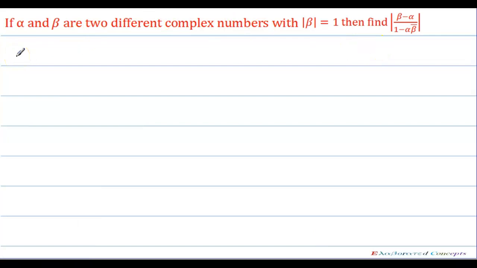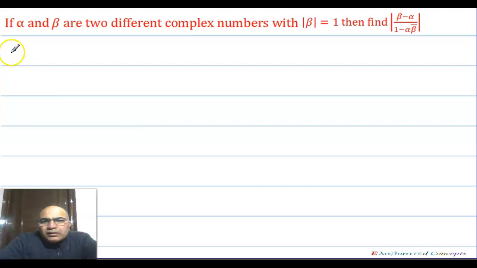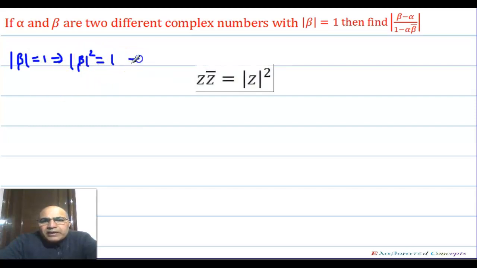In this question, alpha and beta are two different complex numbers with mod beta equal to 1. Now mod beta equals 1 implies mod beta square equals 1, which implies beta beta conjugate equals 1.